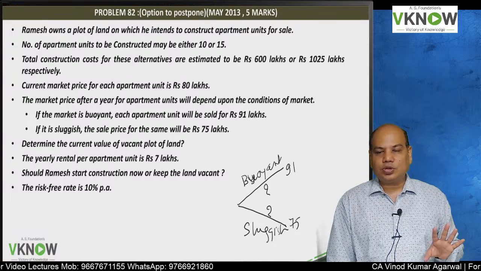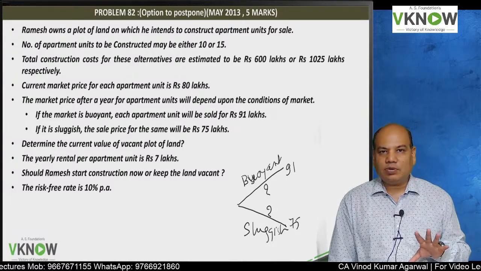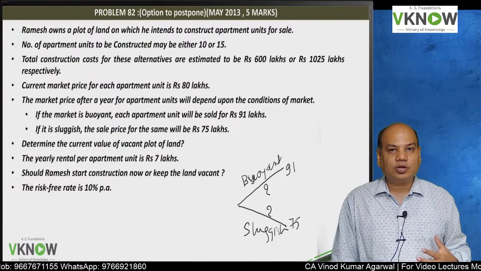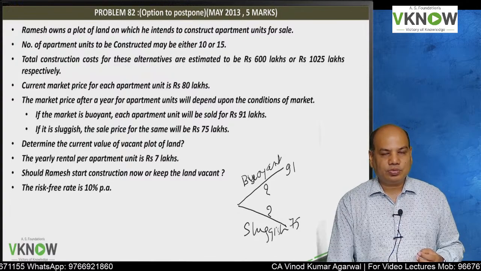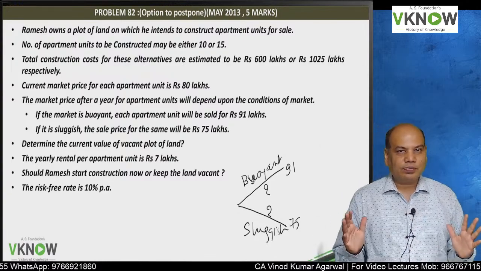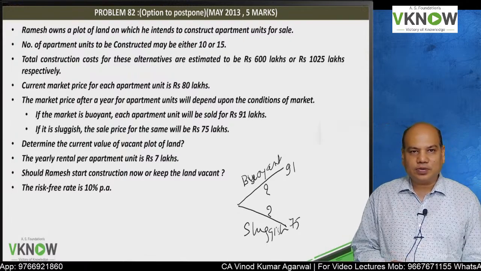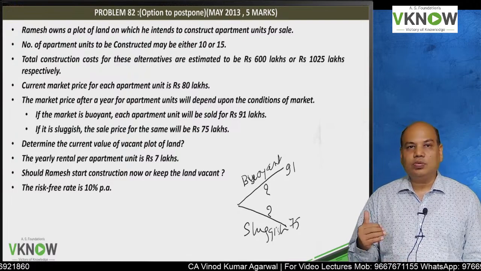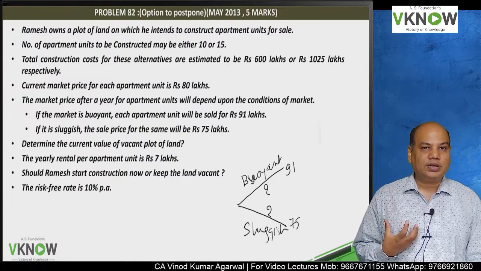So this institute has mixed two chapters. One, the derivative option valuation model, where we learn the probabilities of rise and fall, and this chapter where we have to learn to take decisions whether to construct now or after 1 year. So very good question, because you will have to also apply the risk neutral model to get the probabilities. Is it right?